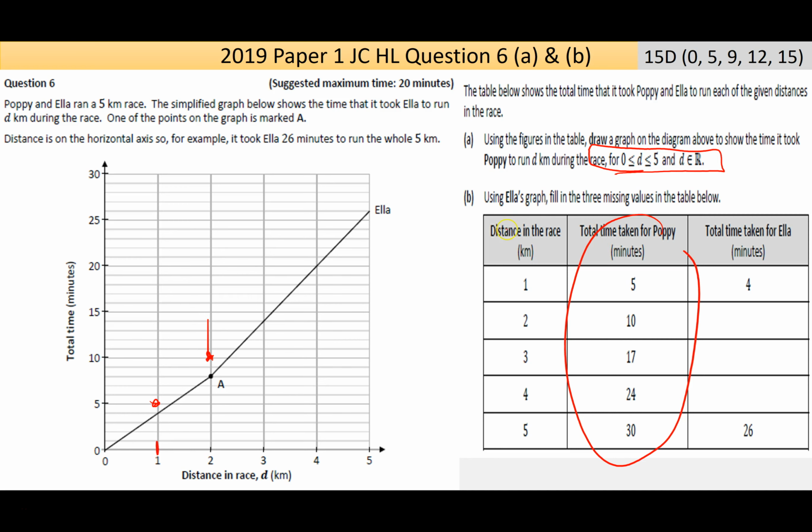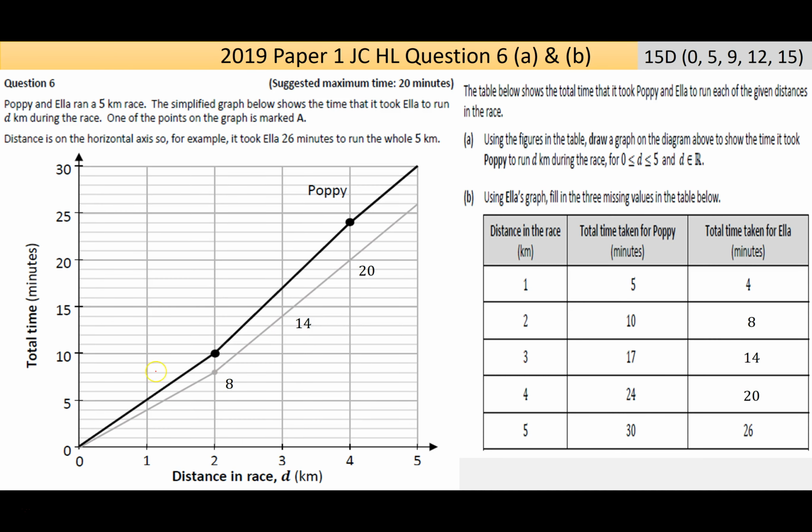The x value is this one, and the y value is here. So the x value of 3 corresponds with 17, which is about there. If we go to the answer, that's the graph drawn there. Just plot those points, and it ends there.